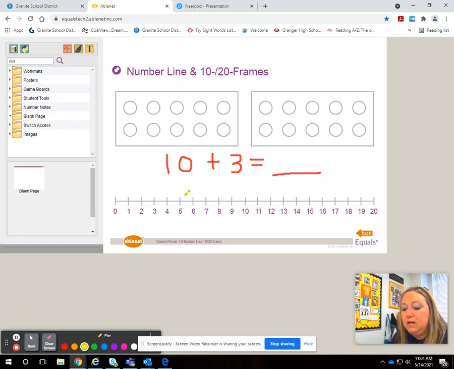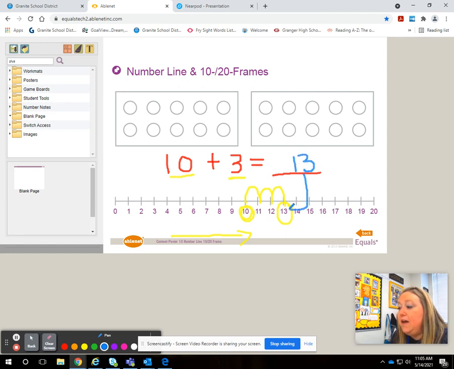I'm gonna look at this first number, 10, and find the 10 on my number line. So here's a 10 right here. Then I look at the second number. This is how many spaces I need to move to the right. I'm gonna be moving this way because I'm adding. So I'm going to move 1, 2, 3 spots to the right, and that brings me to the number 13. So my answer, I'll write in blue, is 13.